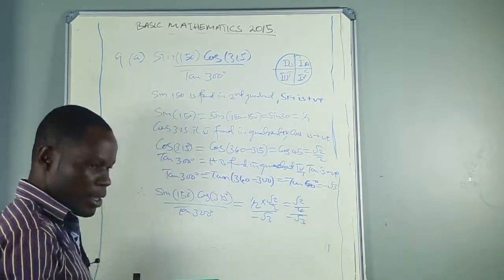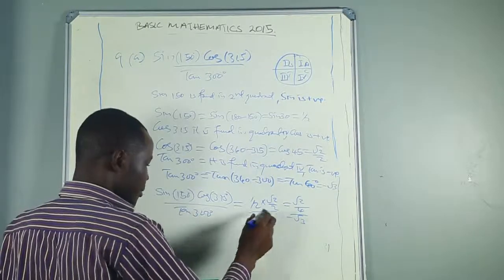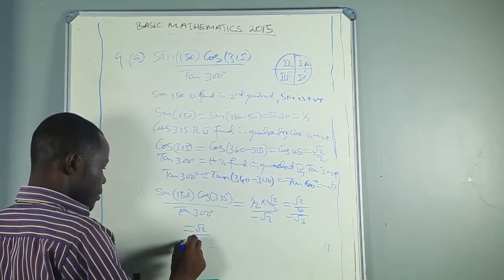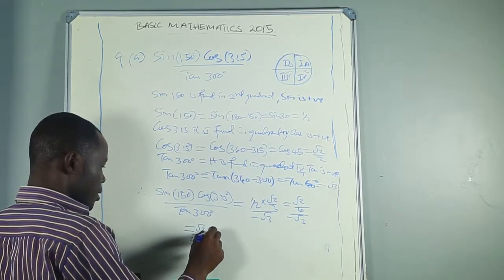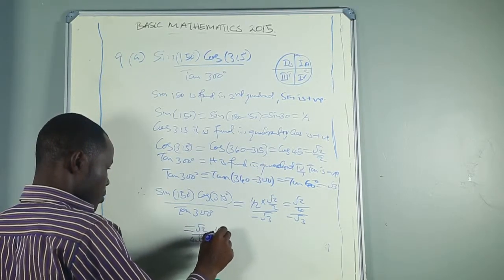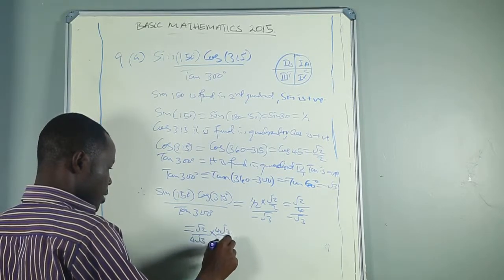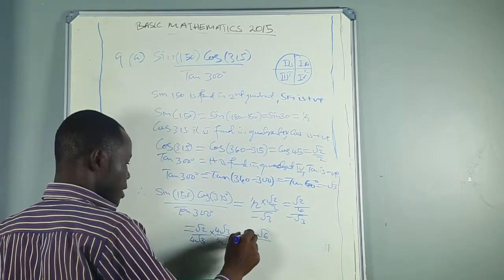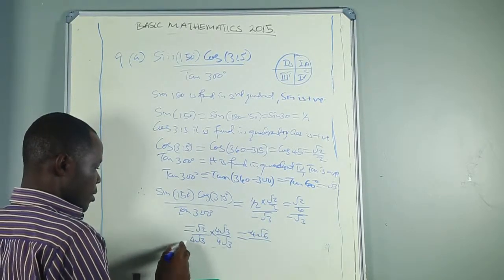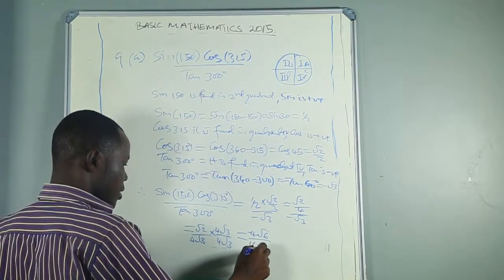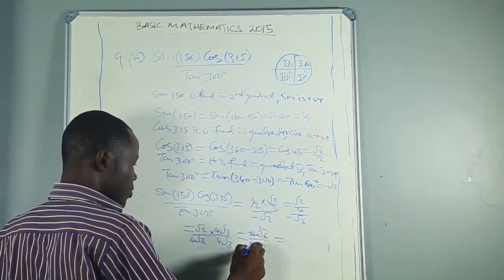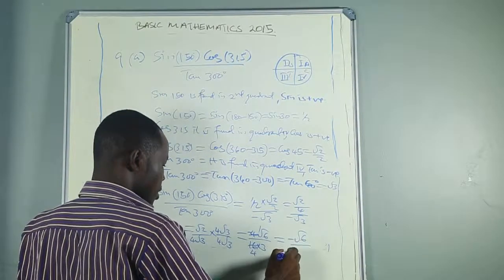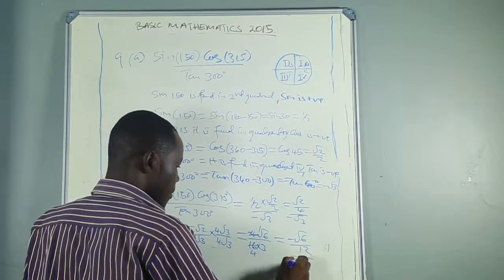Then we rationalize the denominator, giving negative square root 6 over 12.